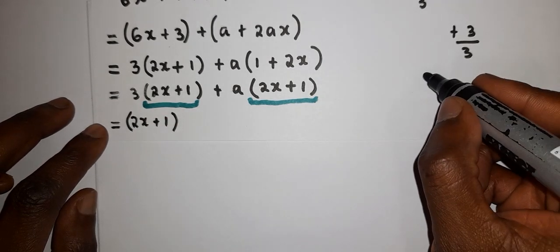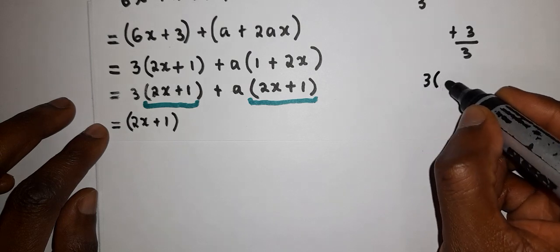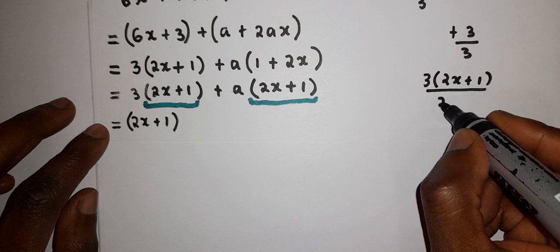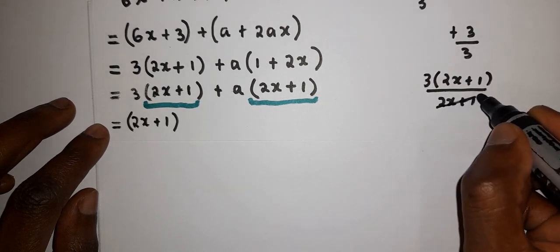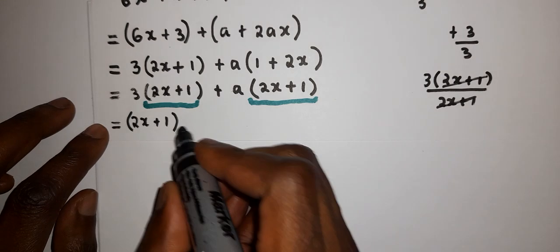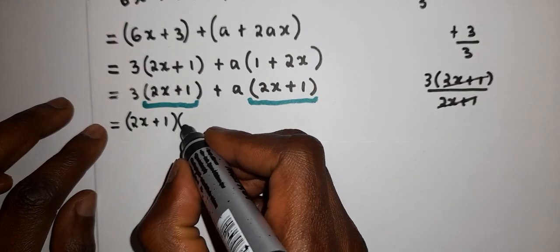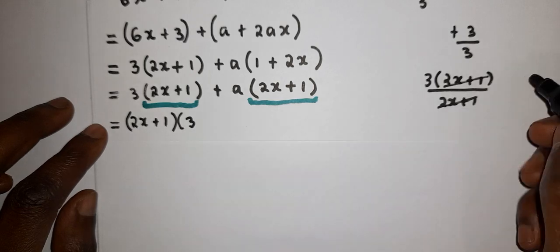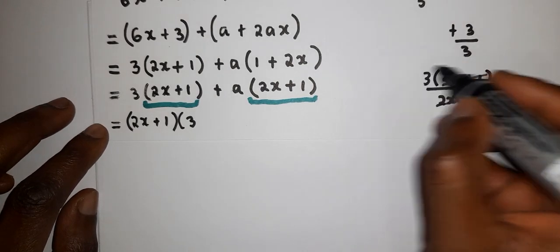Then if we take 2x plus 1 from the first bracket, we divide it by the common factor 2x plus 1. These two will cancel out, and then we are left with just a 3 in the second bracket.